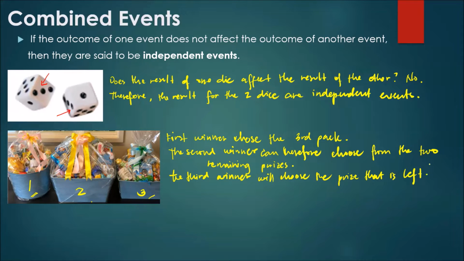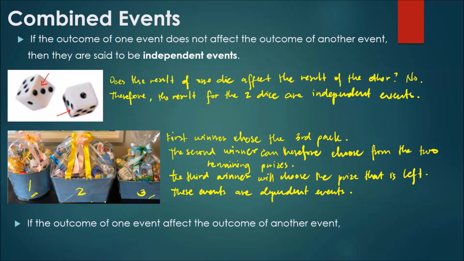Okay, so therefore, these events are dependent events because each of the events affects the other. Okay, so that's how we describe dependent events. If the outcome of one event affects the outcome of another event, then they are said to be dependent events.